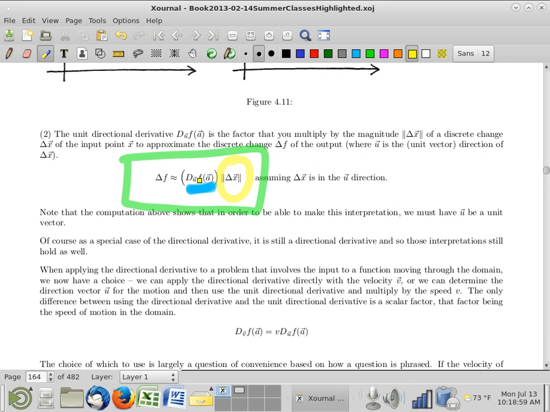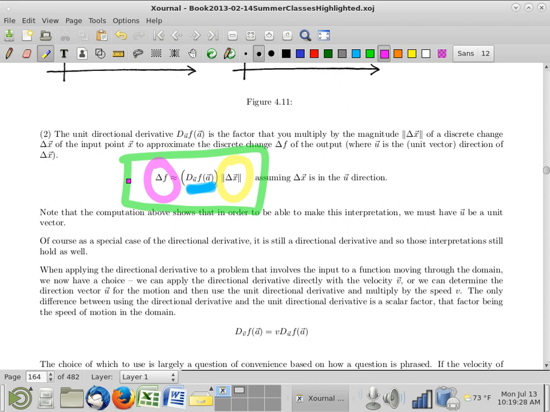This says the magnitude of the displacement in the domain. So that's a distance that you move in a given unit vector direction, u. But this is a distance in the domain. And if we're talking about a real valued function, this is a change, namely how much does the function increase, just a scalar value change in the function.